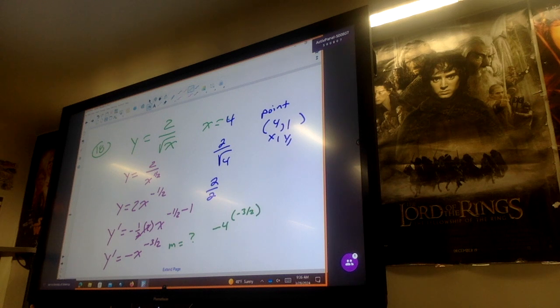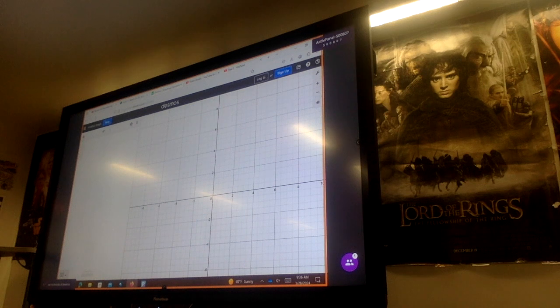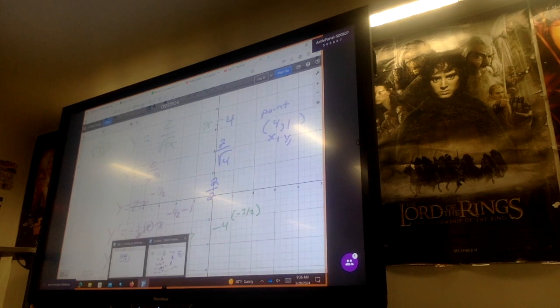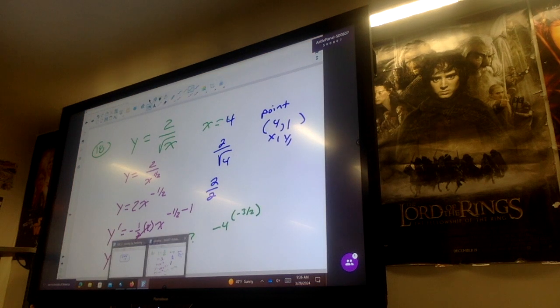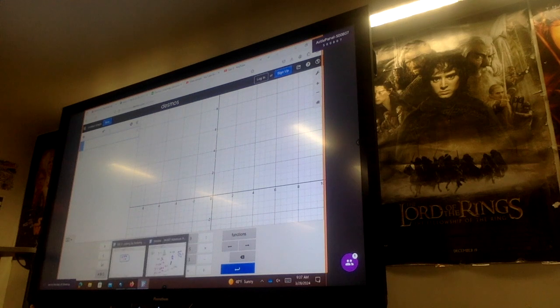I guess we could do that, or I could just jump on Desmos and take a look. It said 4 raised to the negative 3/2. It's 4, right? It's negative 4. So just do the math. Negative 4 raised to the, put this in parentheses, make it a fraction.